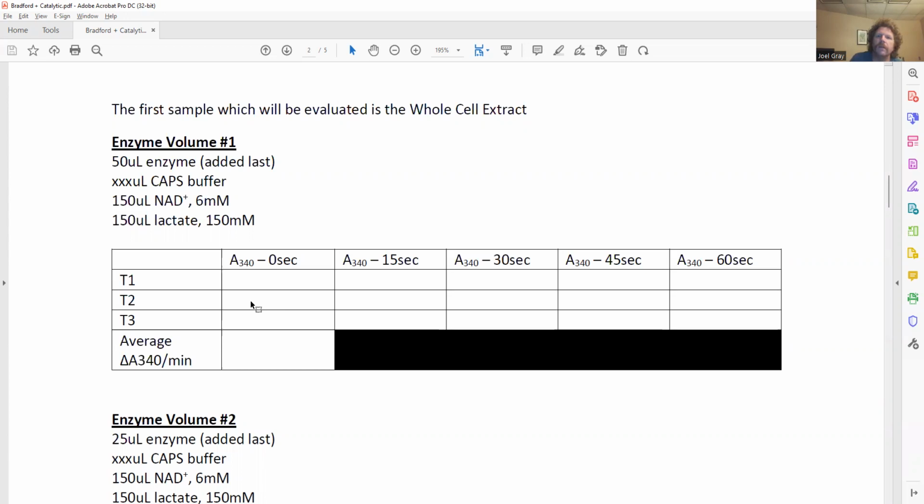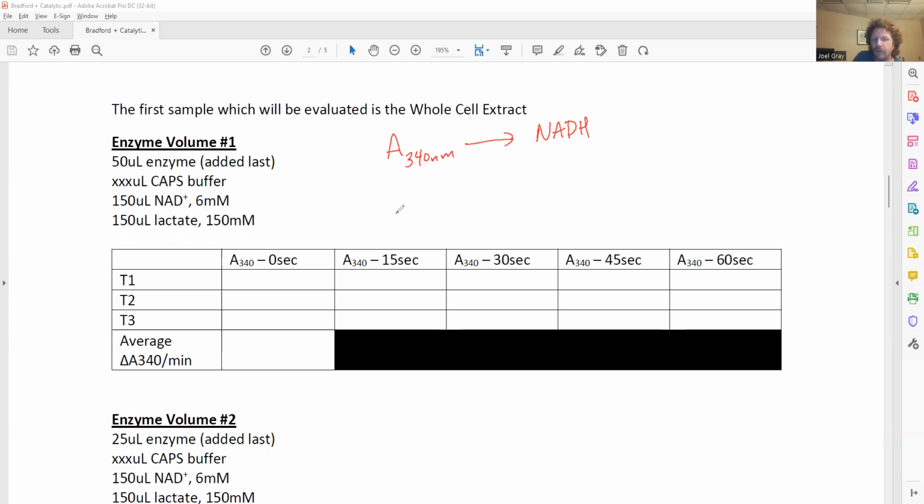So for this mixture, we're going to be measuring absorbance at 340 nanometers, because at A340 what we see is the absorbance of the molecule NADH.